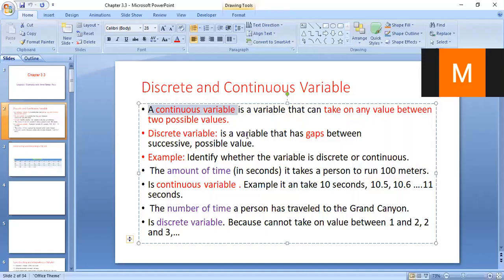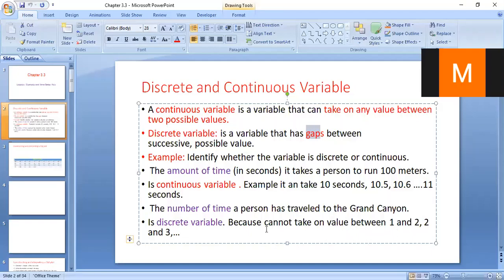And a discrete variable has a gap between successive values. For example, the number of times a person has traveled to the Grand Canyon. You can travel 1, 2, 3, 5 times, but you cannot take 2.5 times, 1.5 times, or 4.6 times.